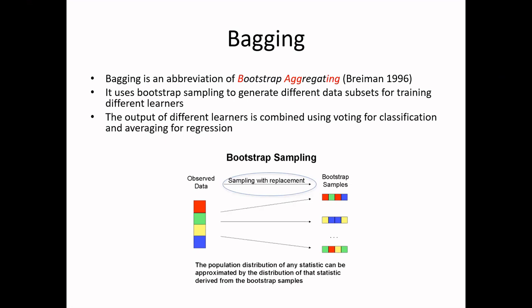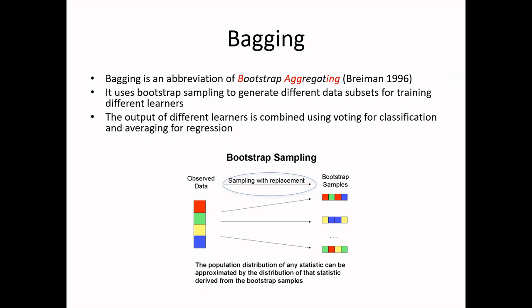And bootstrap sampling involves sampling with replacement. What that means is that you have a collection of data points. Let's say you have 100 points and you want to get a sample of 10 points. Then you pick at random 10 points from that group. Those 10 points define your one subset.